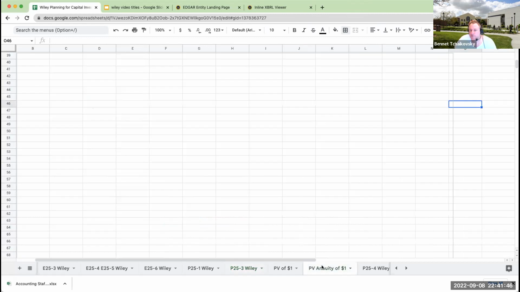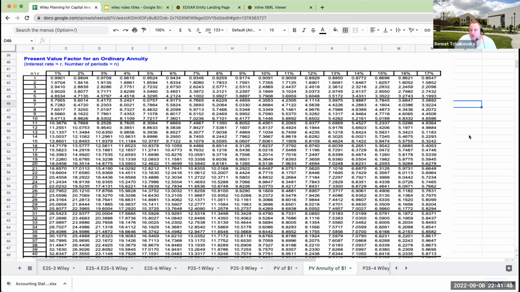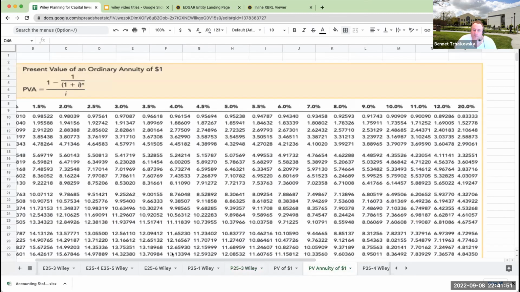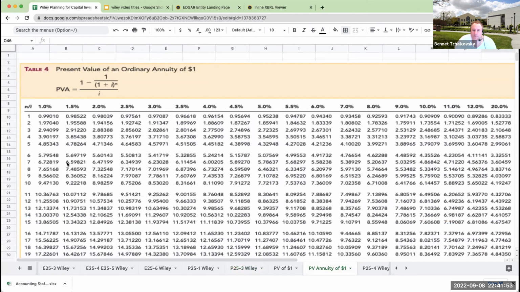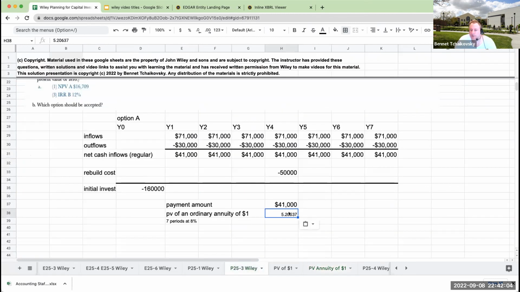When I go to the present value of an ordinary annuity of $1, 7 periods at 8%, this gives me 5.20637. So the present value of the future cash inflows is approximately 213,000.